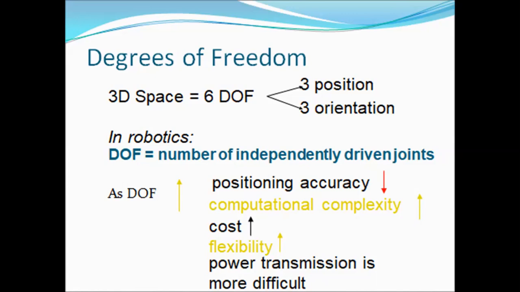The cost of the robot will also increase if you increase the degree of freedom, so we have to decide very precisely how many degrees of freedom should be provided to a robot. Then, of course, the flexibility will also increase. For example, a two-linkage open chain mechanism will have less flexibility.